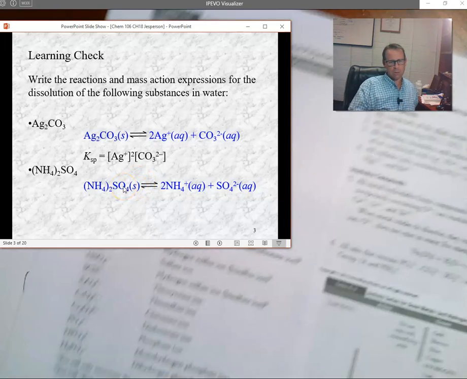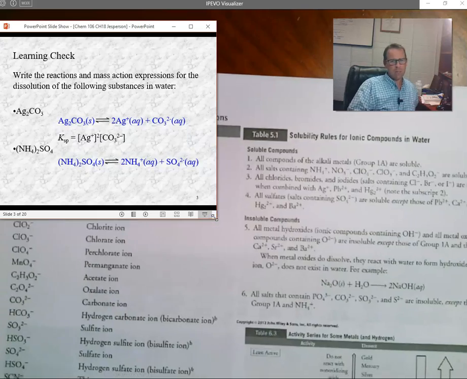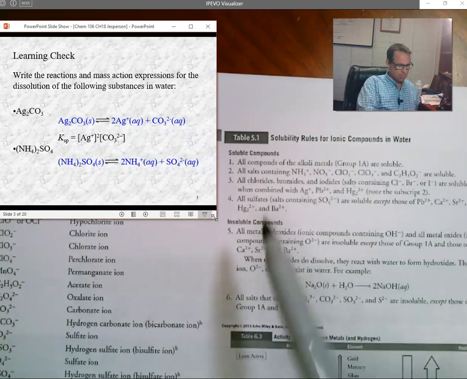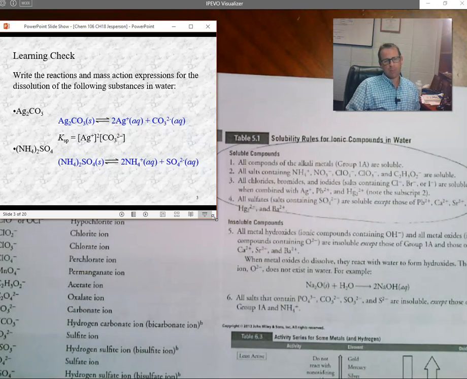Another thing about these solubility rules is, again, even the ones that say they are soluble, so this group up here is generally ones that are soluble, the degree of solubility is not always complete, right?